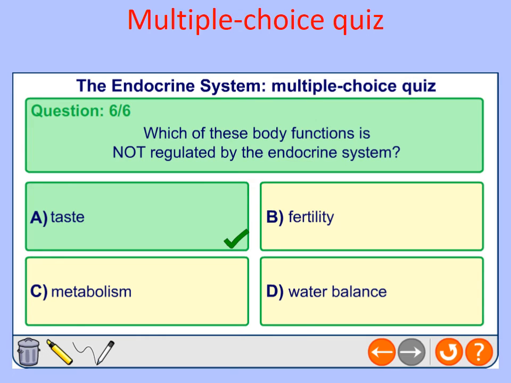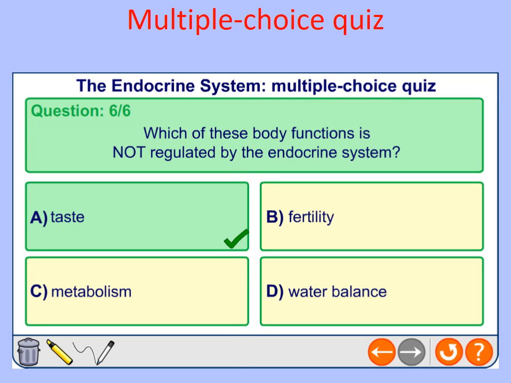Why is the pituitary gland referred to as the master gland? So this one would of course be B, secretes hormones that stimulate the activity of other endocrine glands. Which of these sentences about hormones is not true?